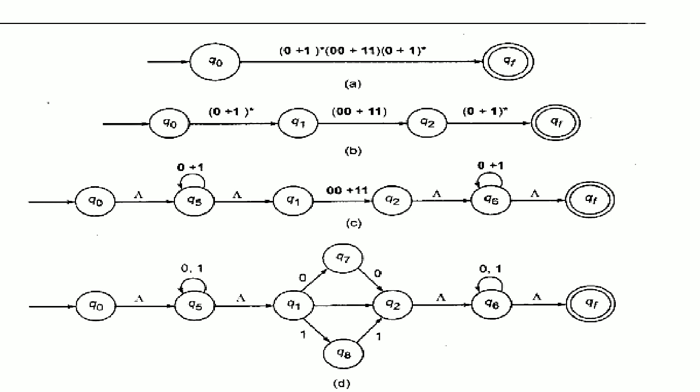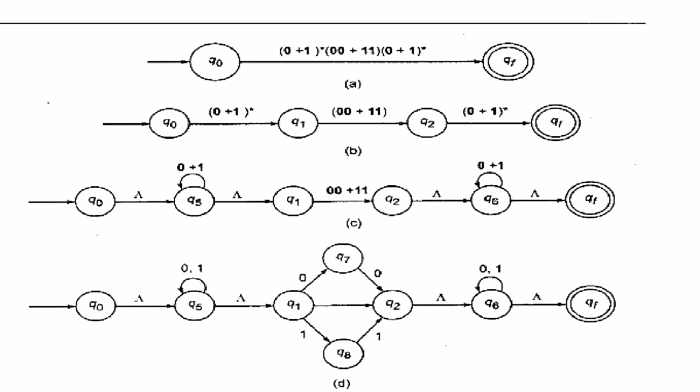First part and last part are the same, so Q2 to Q6 and Q6 to Q5 are there with the same loop 0+1, and in between these two we have the (00+11) string. We have done with the 0+1 loop at the initial and at the final.